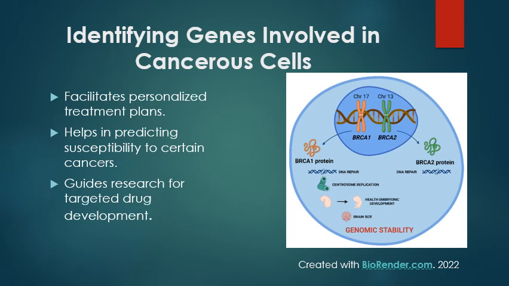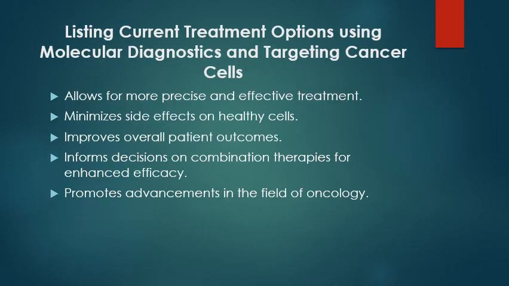Identifying genes involved in cancer cells helps in predicting susceptibility to certain cancers and guides research for targeted drug treatment. Then I'm going to list some current treatment options using molecular diagnostics and targeting cancer cells. The reason for doing this is because it allows for more precise and effective treatment.